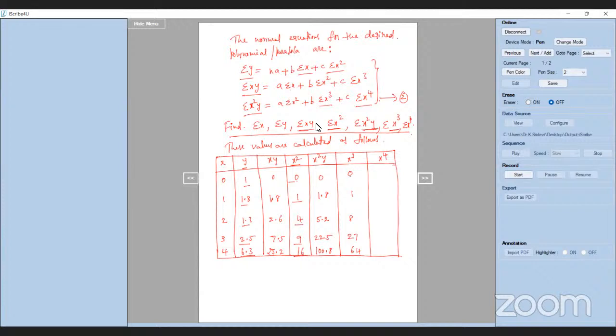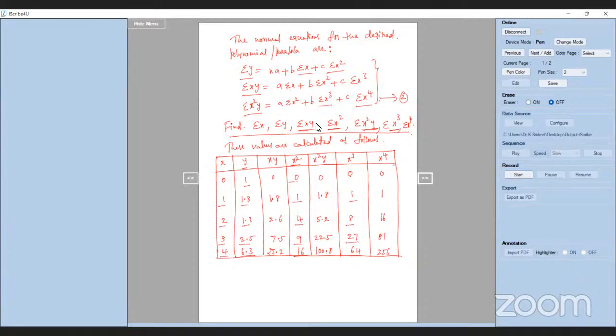You can follow anyone. X cube into x: 1 into 1, 1. 8 into 2, 16. 3 into 27, 81. 4 into 64, 256.